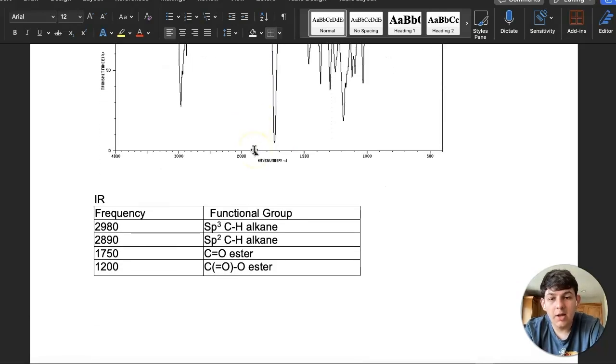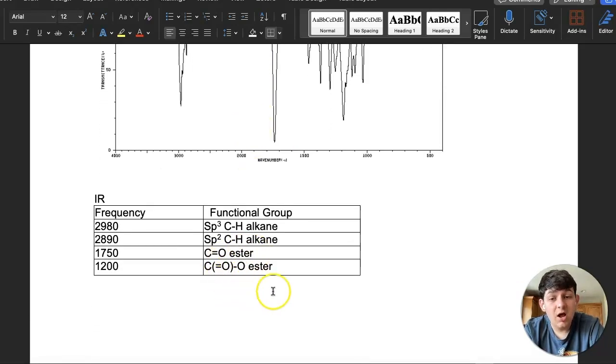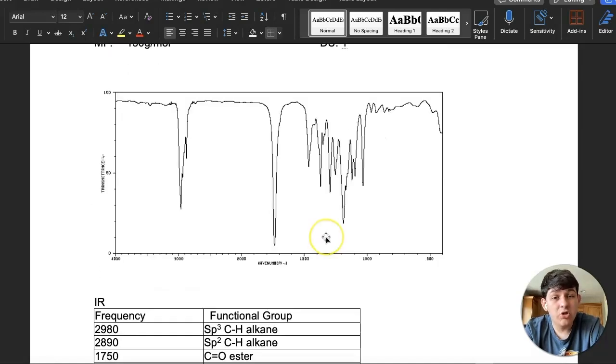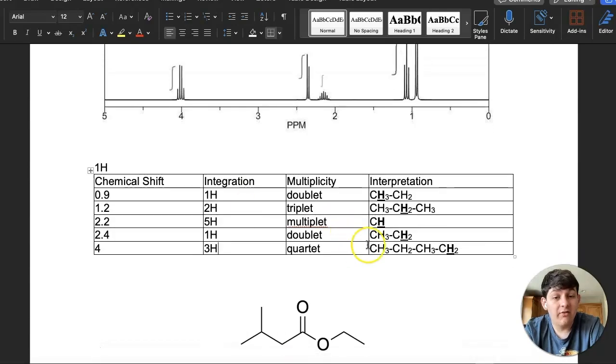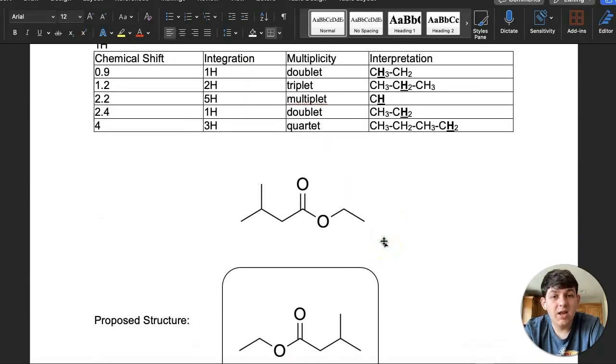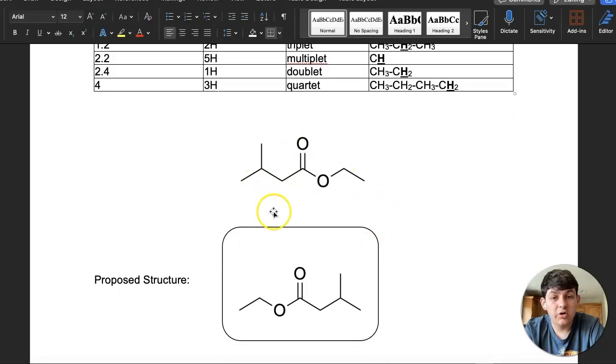We're dealing with a pi bond, specifically an ester. So we're going to have a carbon to another carbon that's double bonded to an oxygen. Off that carbon, we're going to have our oxygen again, which looks to be in the middle of that structure. So we can come up with this structure right here as our proposed structure.